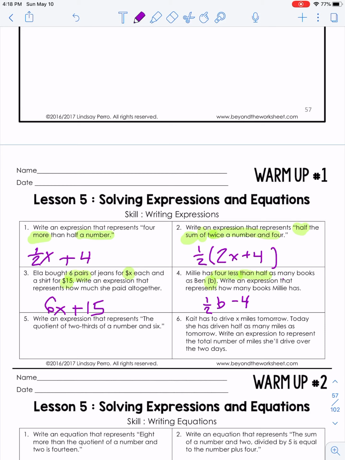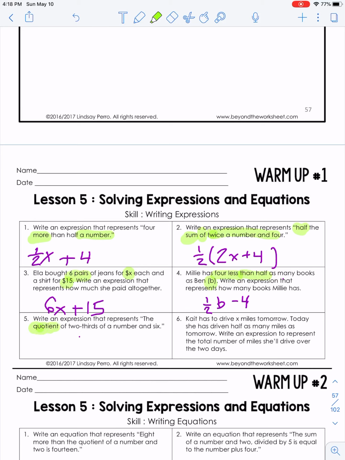Okay, now I want you to try a couple. So try number 5. Write an expression that represents the quotient of 2/3 of a number and 6. So the quotient of 2/3 of a number and 6. So we have to think, what are our key words?